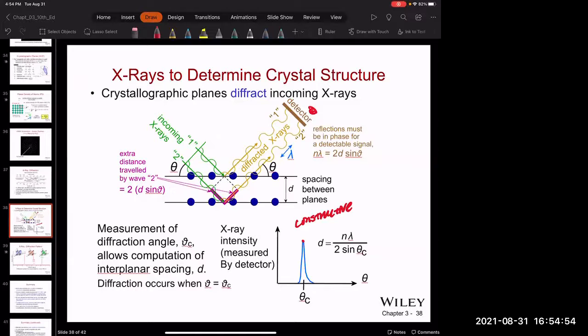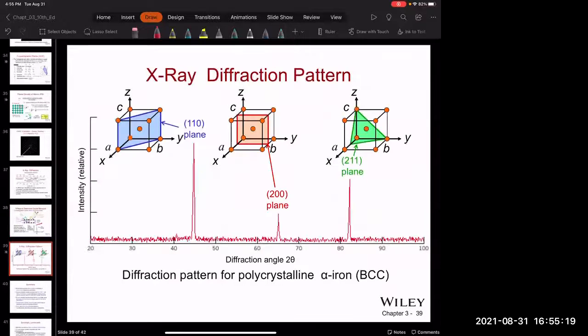By knowing that, we will be able to find out what kind of element it is, because there are only certain places where you're going to have constructive diffraction. When you do the experiment, you sweep the X-ray from a certain angle. Each angle is going to give you a different kind of signal, and certain signals will be picked up by certain directions or certain planes.